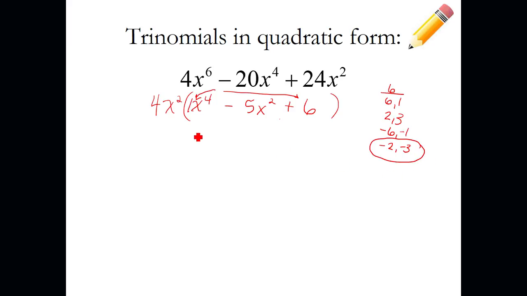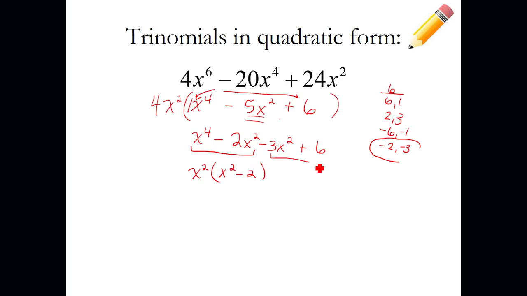So I'm going to rewrite x to the fourth minus 2x squared. Why am I putting an x squared there? Because the middle term had an x squared. Negative 3x squared and then plus 6. So I've taken the 3-term problem and turned it into 4 so that I can group once more. What can I divide out of each of these? An x squared, leaving me with x squared minus 2.